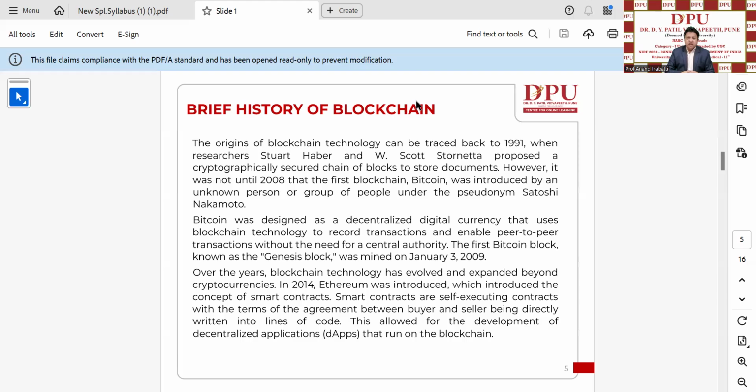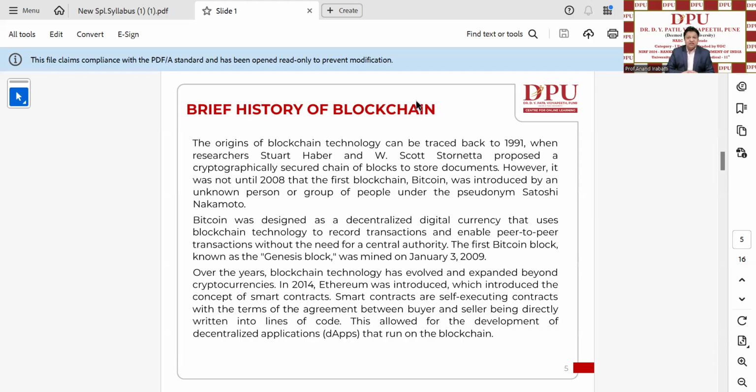It could be used in healthcare, finance, banking, and in the insurance sector for claim settlement. It could be used for public voting systems and as a digital identity. So nowadays, blockchain is not just used as an alternative means of digital currency, but it has expanded beyond that.